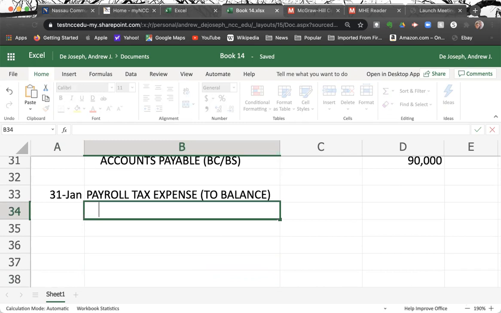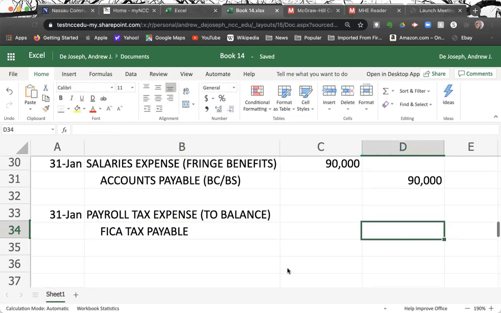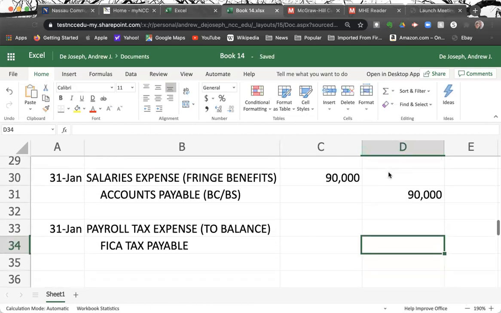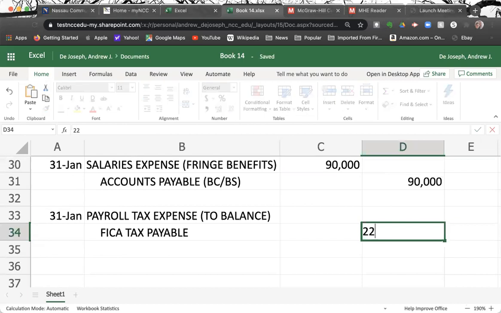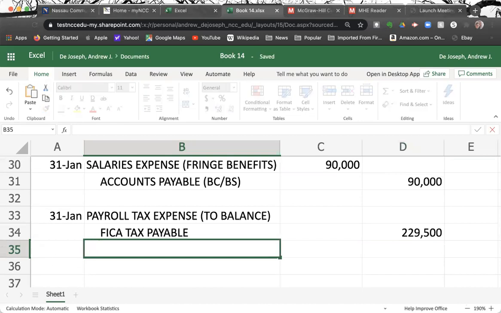It's made up of the Social Security tax. Now, how much Social Security tax came out of the paychecks? $229,500. See why the boss is always so unhappy? The boss has to pay an extra $229,000 for the employee's Social Security.